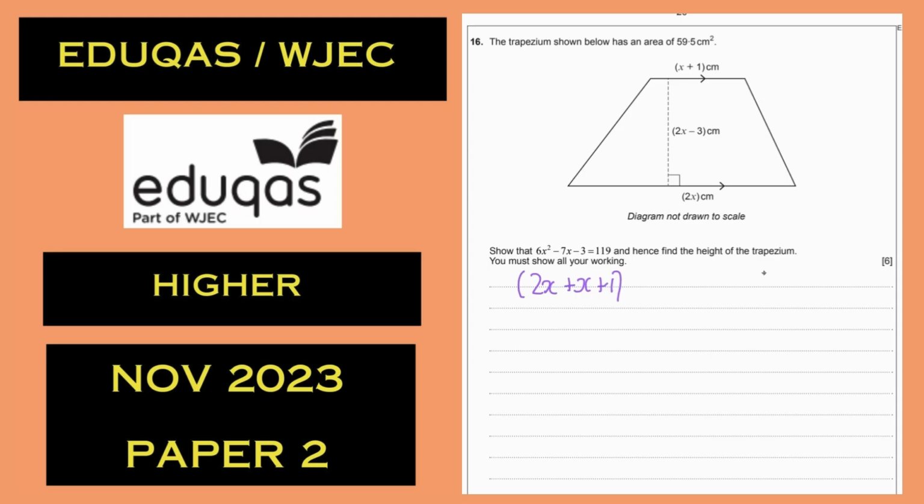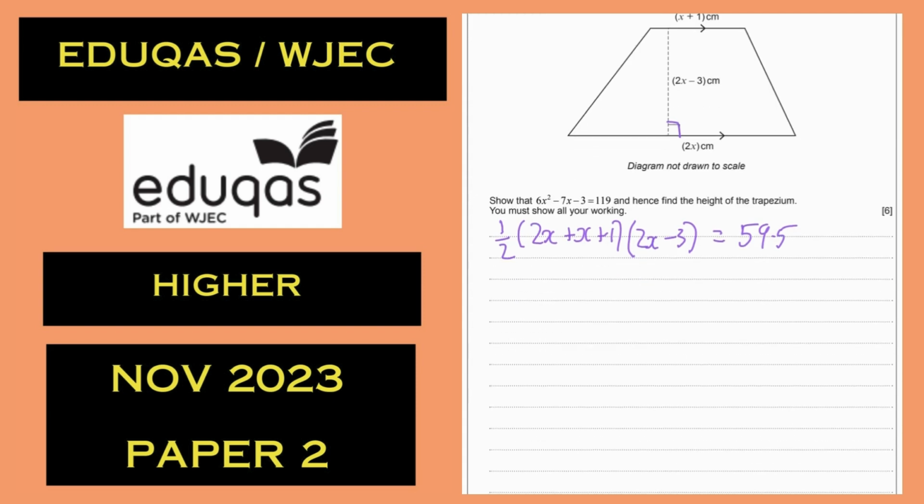You add the parallel sides, you halve them, and you multiply by the perpendicular distance between them, also known as the height of the trapezium. That's the formula for the area. We know it's 59.5. That's it, folks.